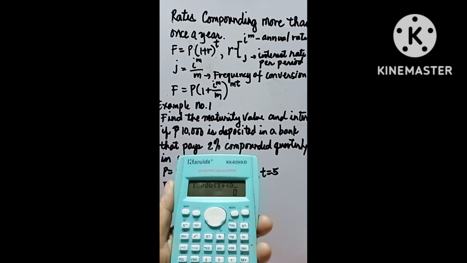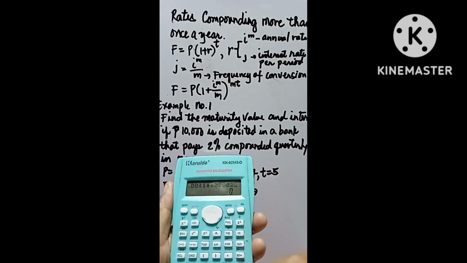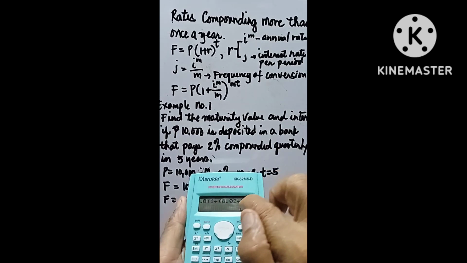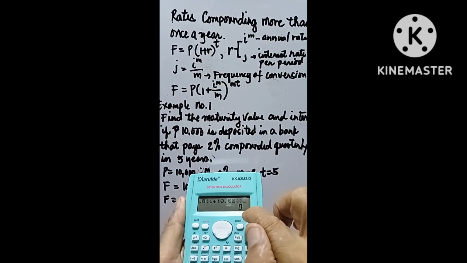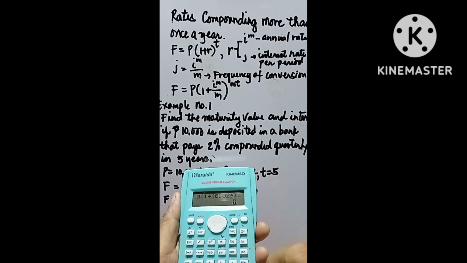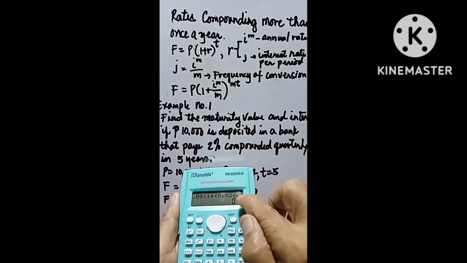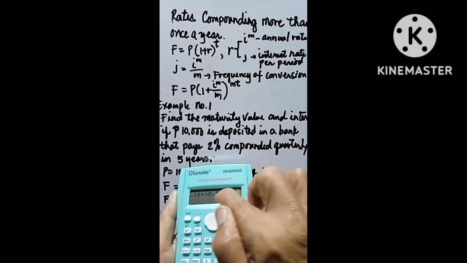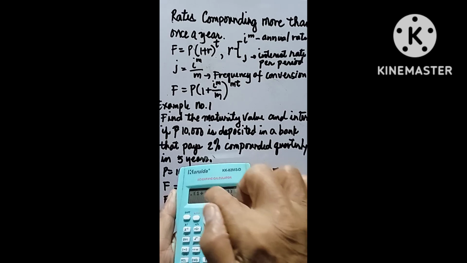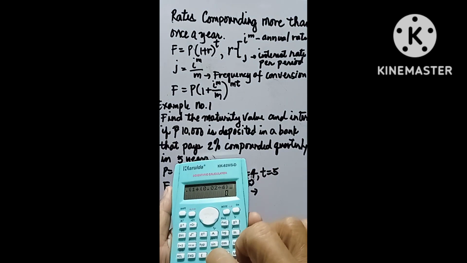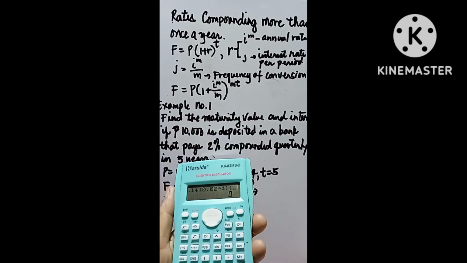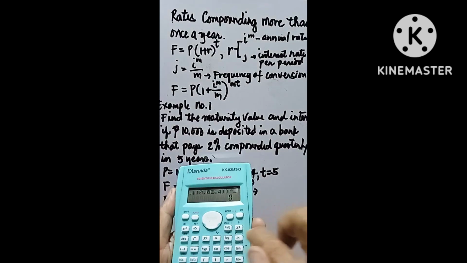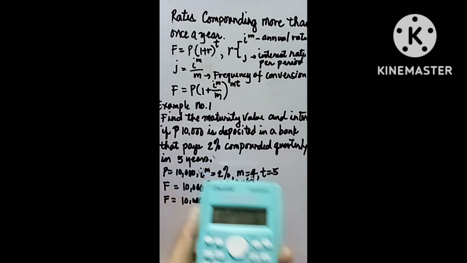We have 0.02 divided by 4, close parentheses, that is for 0.02 divided by 4, this quantity. So we still have another close parentheses, raised to 20. So equals.